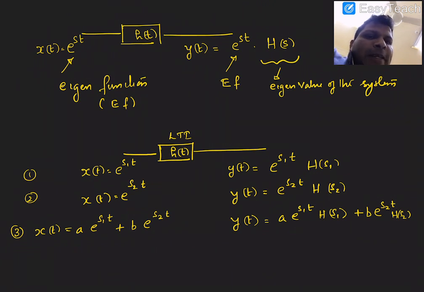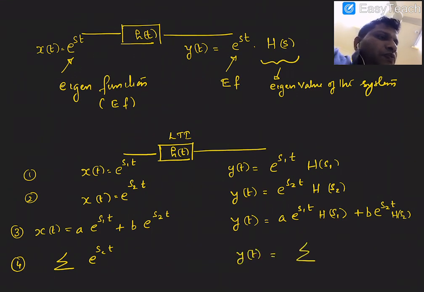Now let us give the input in general. I am giving the sum of many e power sit, that is, if I give it like this, my output y of t will be the sum of e power sit into h of si.